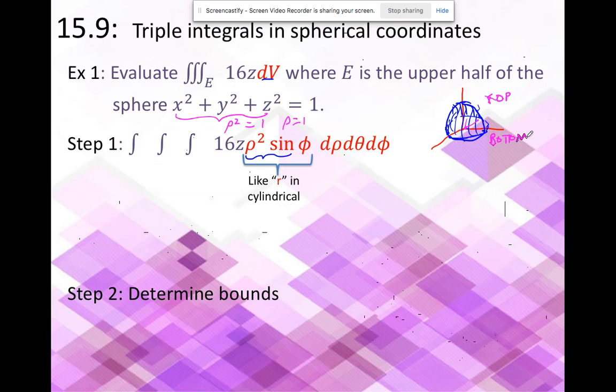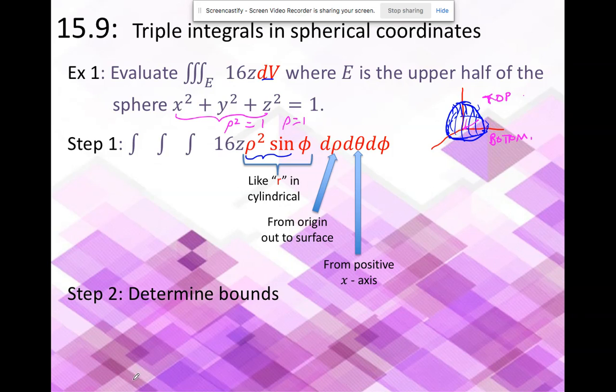What's the bottom going to be though? The bottom is just where z is equal to 0. But I'm in rho, so what is my rho going to go from? 0 to 1, right? Origin out to the surface.